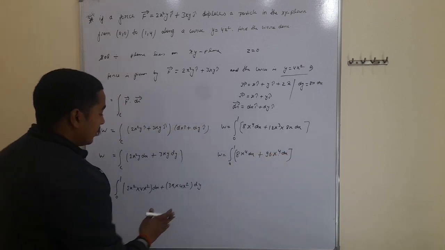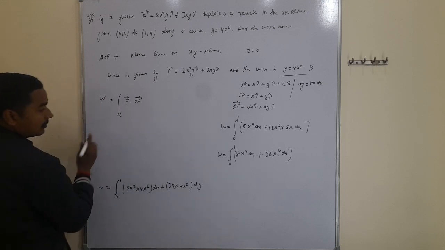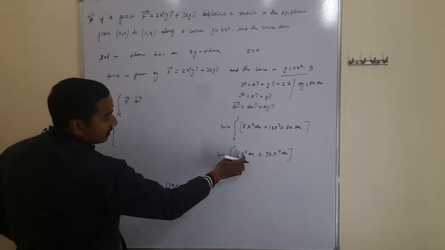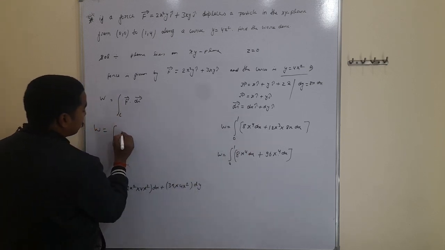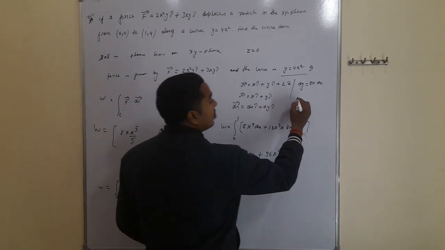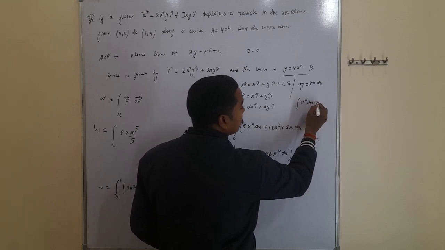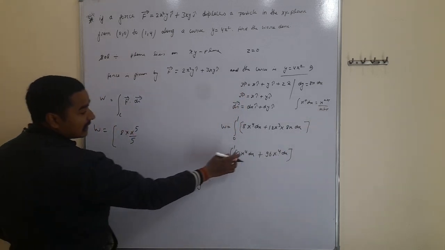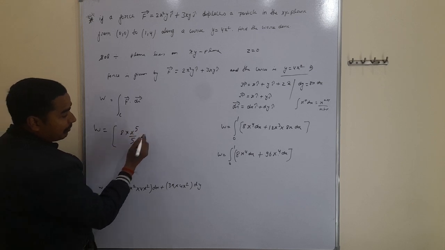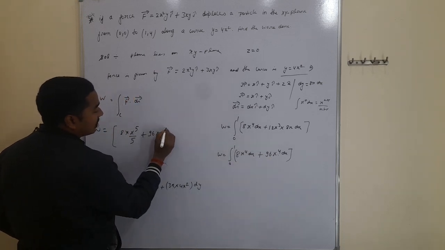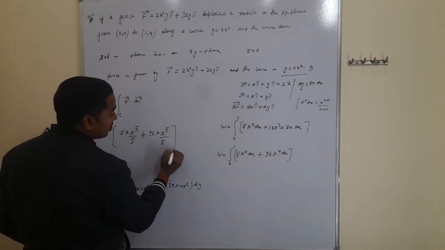Further we integrate. Using the formula that the integral of xⁿ dx is xⁿ⁺¹ upon n plus 1, the integral of x⁴ dx is x⁵ upon 5. So the work done is 8 times x⁵ upon 5 plus 96 times x⁵ upon 5, with limits 0 to 1.